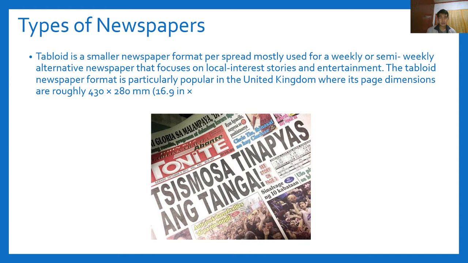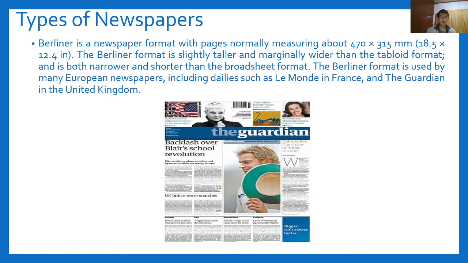Aside from the size, those are the visible differences, but there are a lot more. But those are very visible characteristics which you could use to differentiate between a broadsheet and the tabloid.